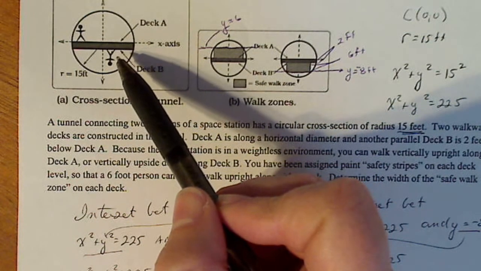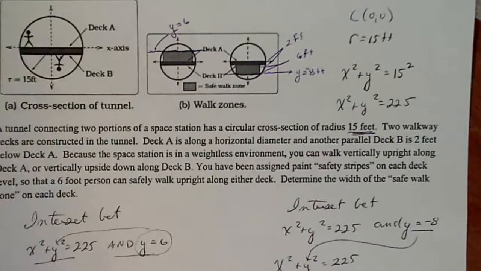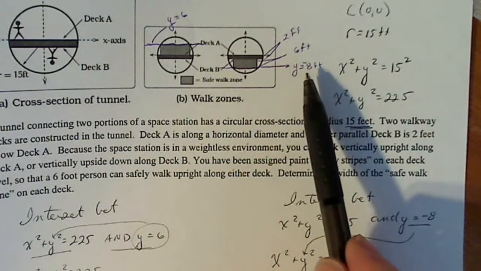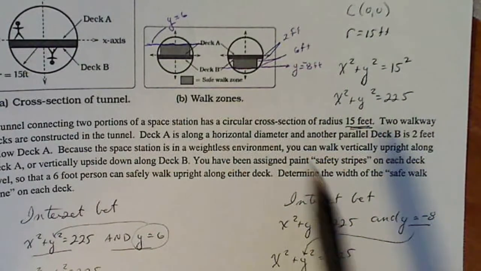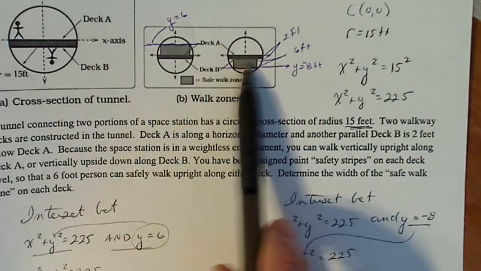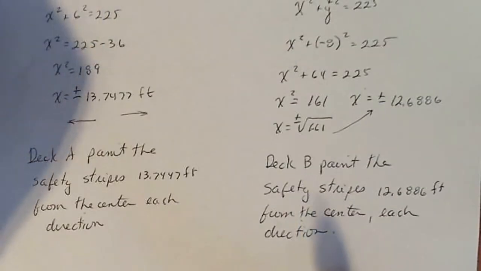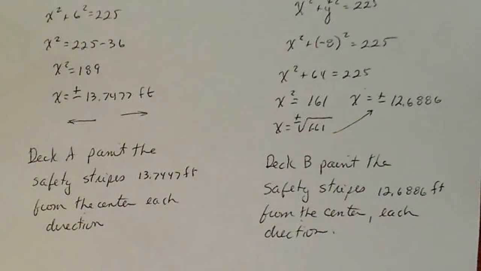Compensating for that in our problem with y equals -8 instead of -6 makes a narrower space for somebody who's 6 foot tall to walk in. So in conclusion, our numbers make sense, and we have a clear direction of how to paint the safety lines.